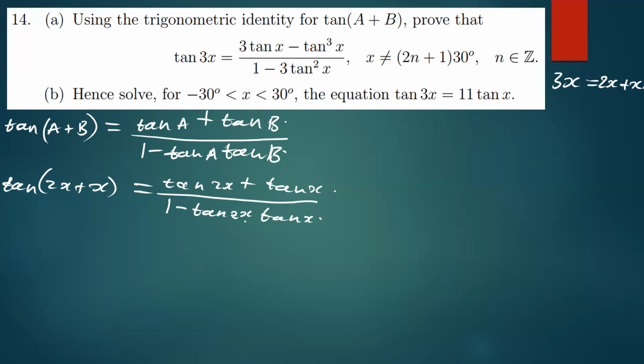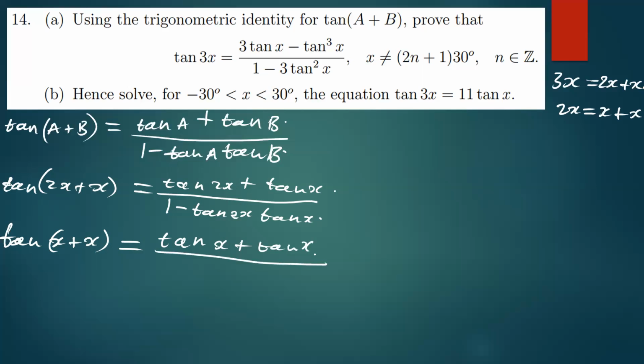Having written this, we know that we can also expand tan 2x using the same identity. 2x can also be written as x plus x. So tan(x + x) can be written as tan x plus tan x, then everything over 1 minus tan x times tan x.